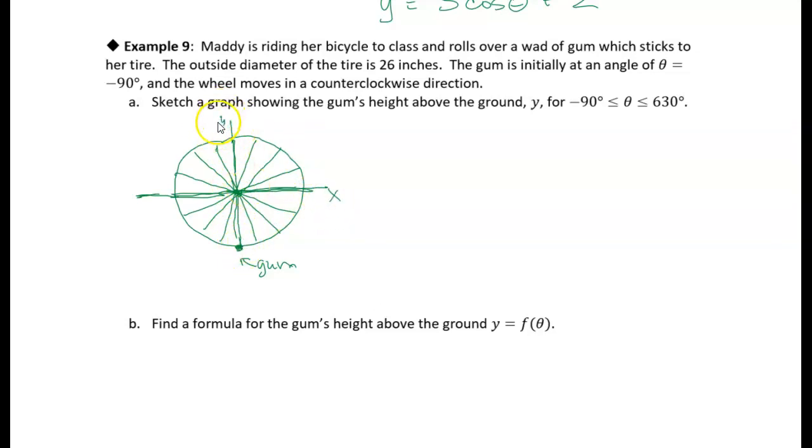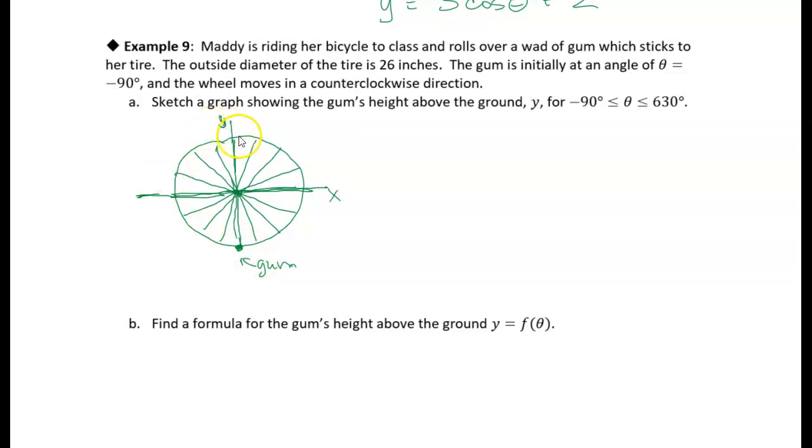Okay, so that's our frame of reference. Now we have a moving frame of reference because this axis is going to travel along with her wheel in the forward direction. So the gum is down here. It sticks. We're at minus 90 degrees.